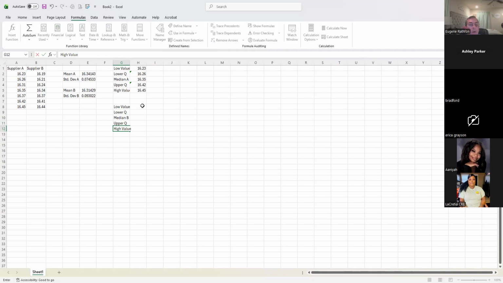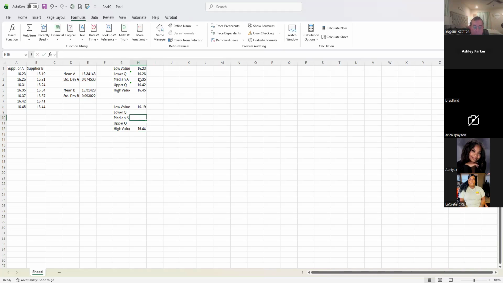All right, so we're doing this on the B column now. So that low value for that one was 16.19. So y'all, that was what, 16.19? The high value was the 16.44.